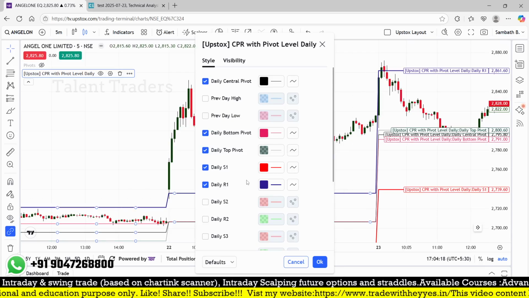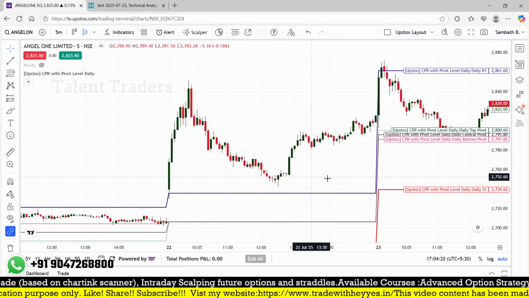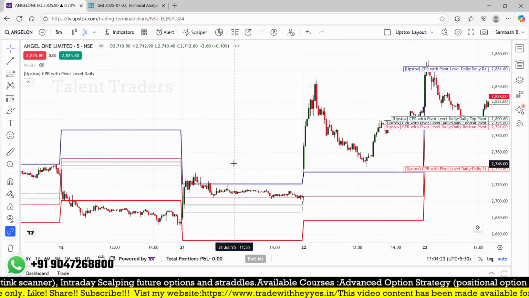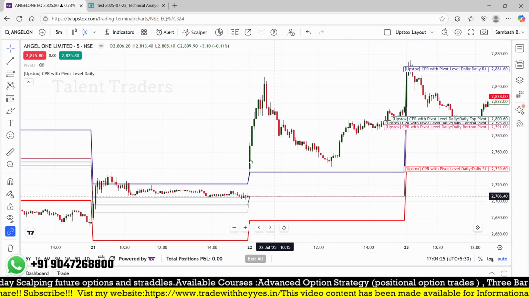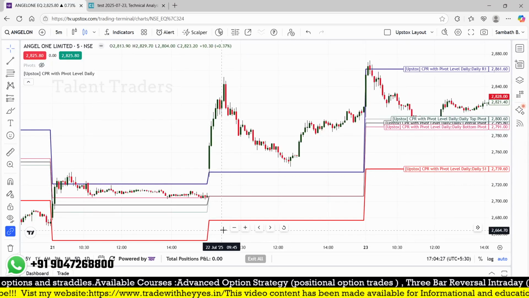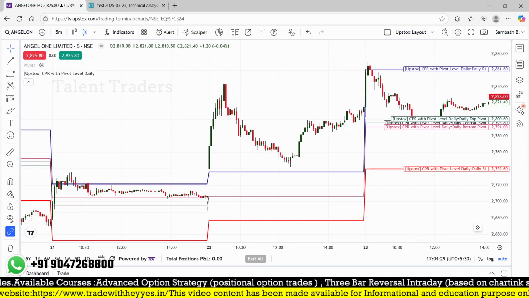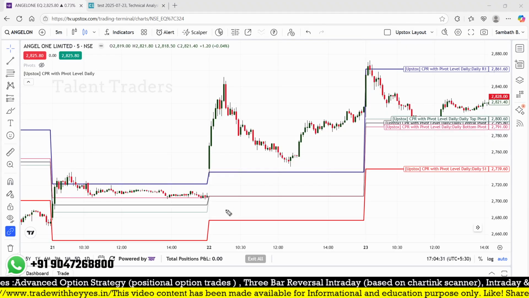Okay, so we are getting R1 and S1 values. Let's look at this. The blue one is R1 and the red one is S1, based on the CPR levels.